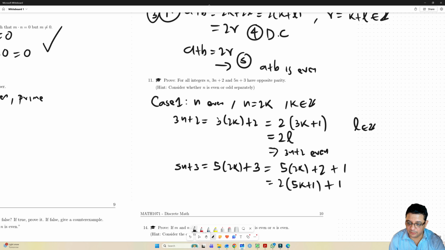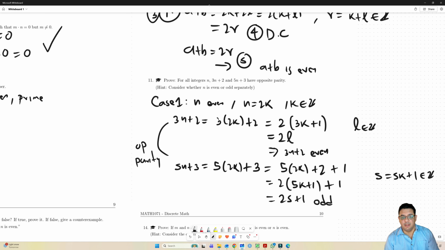Now I'm going to call s equals 5k plus 1. Once again, this is going to belong to the integers. Since k is an integer, 5k is an integer, and hence 5k plus 1 is an integer. So this becomes something of the form 2s plus 1, and so it's odd. So once again, notice that they have opposite parity.